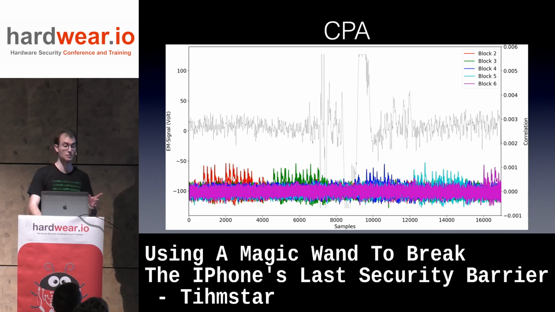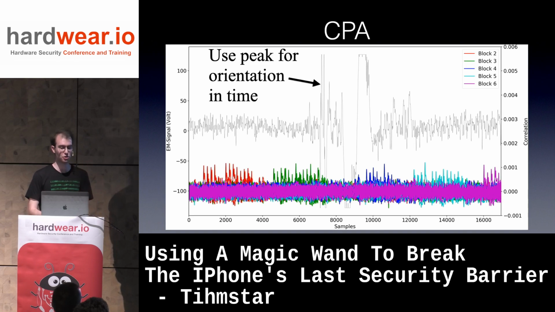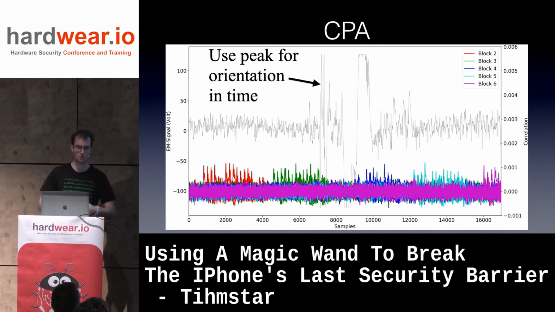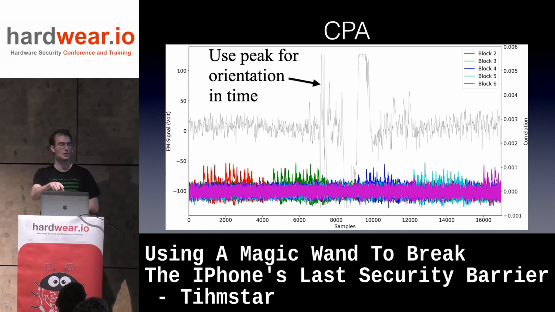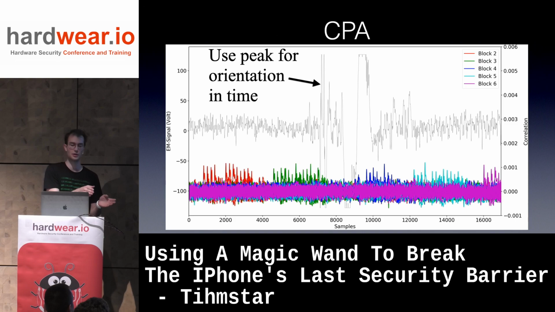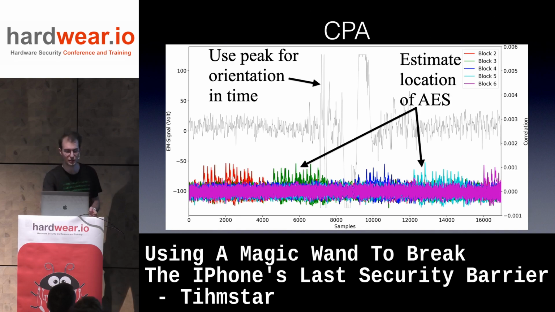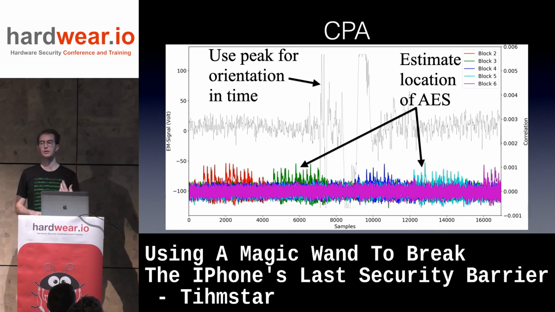But knowing from that picture, if I see that on my computer, I just look for that peak in the scope and then I know a little bit earlier and a little bit later there is a block of AES. We estimate the locations of these based on the peak that we have.